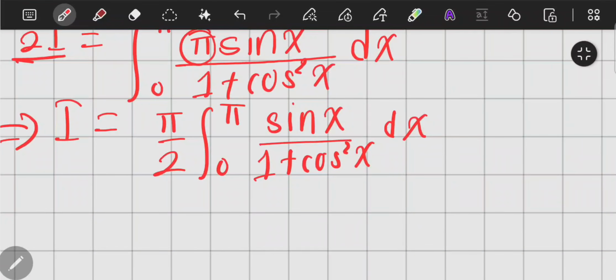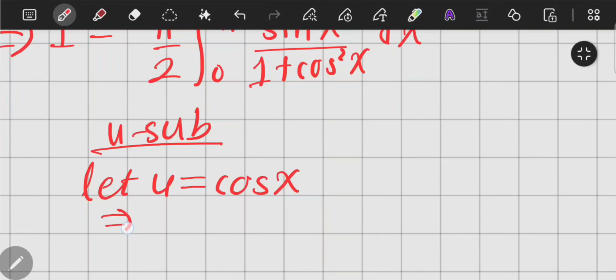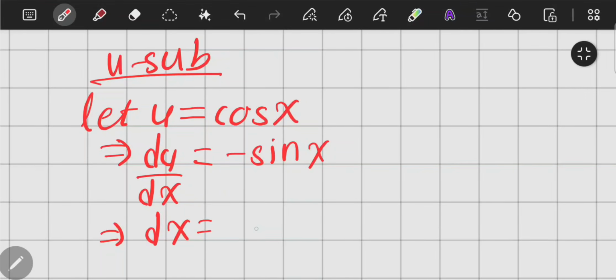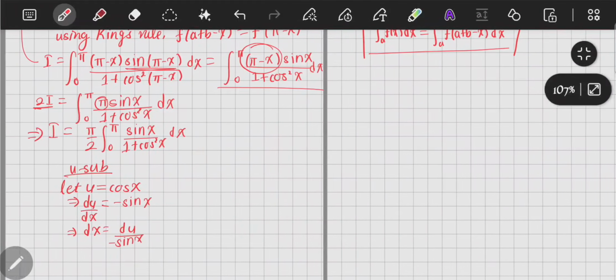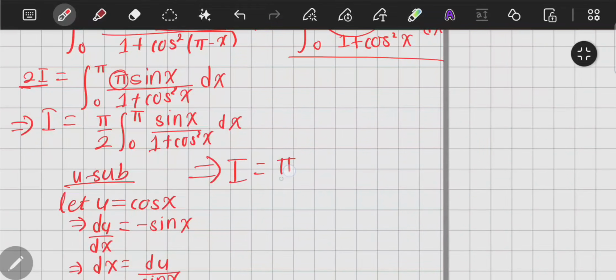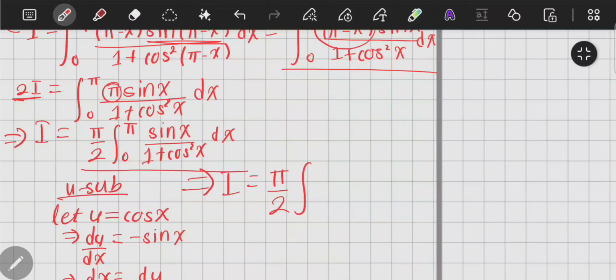Nice. So now we're going to have to use some u substitution. We're going to let u be equal to cosine of x. When we differentiate u, we will get minus sine of x, which will then mean that dx is equal to du over minus sine of x. Now, using this u substitution, we can write that I is equal to pi over 2 times the integral. For the substitution to actually work, we also have to rewrite the limits.